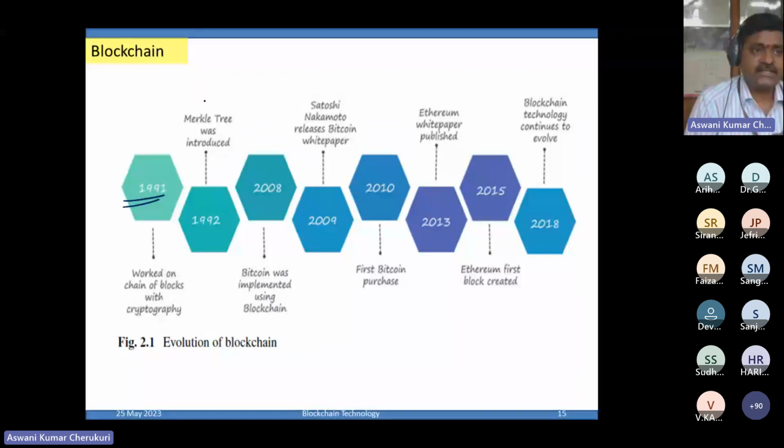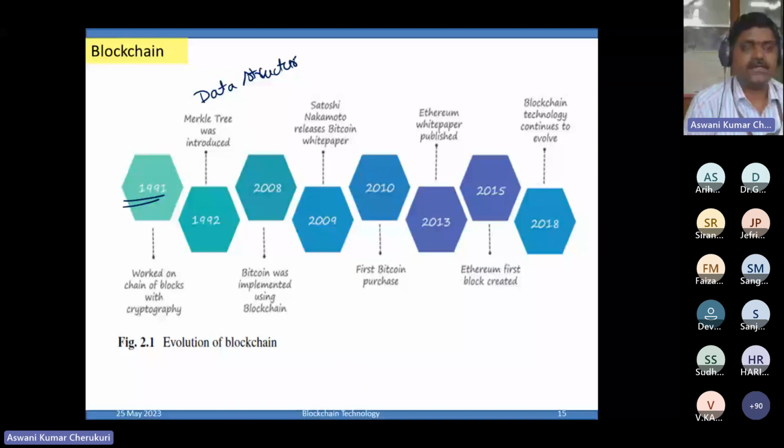And the introduction of a new data structure called the Merkle tree in 1992, this is the backbone of the blockchain that today we are witnessing. So the Merkle tree is the data structure which is the backbone of blockchains.